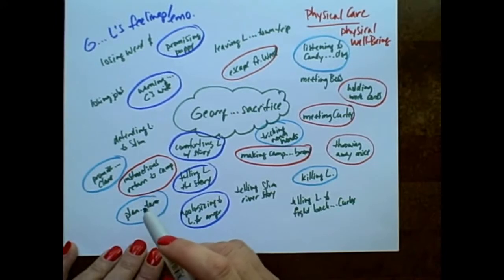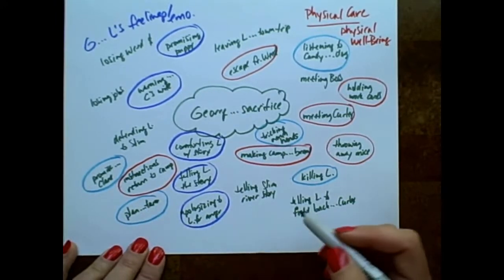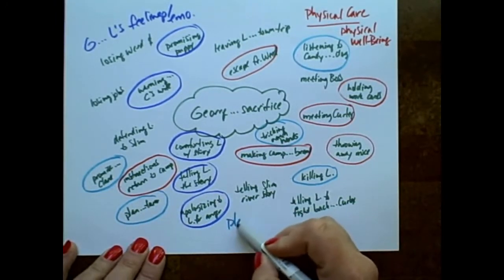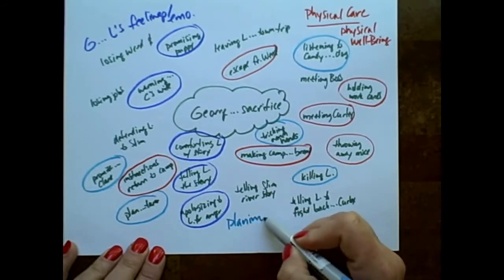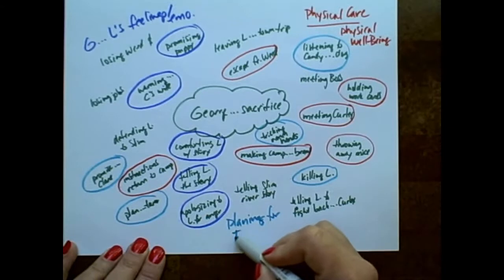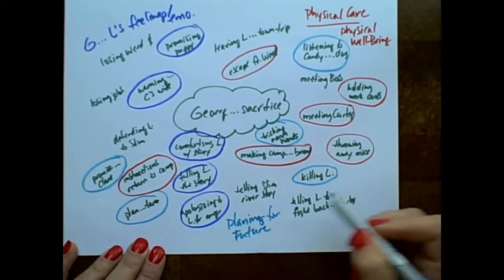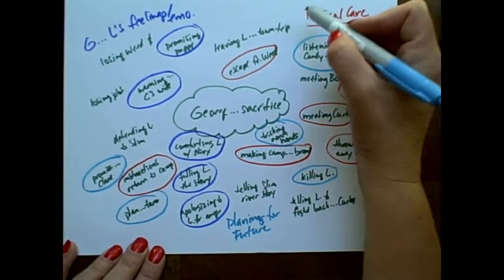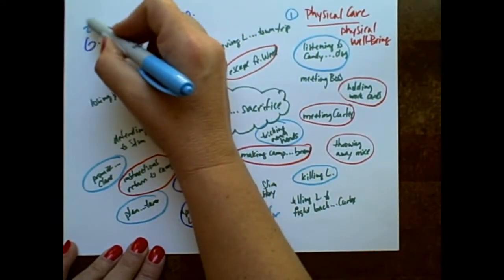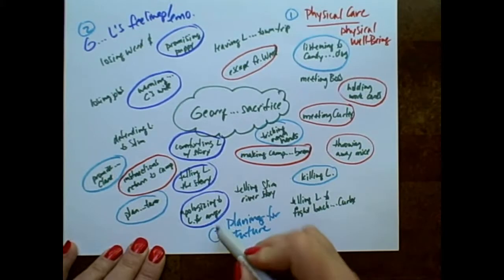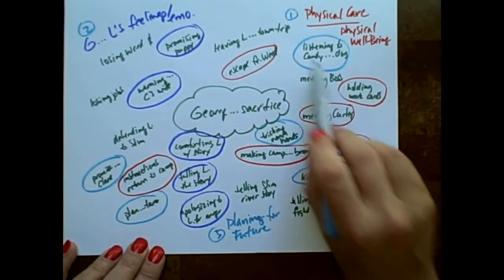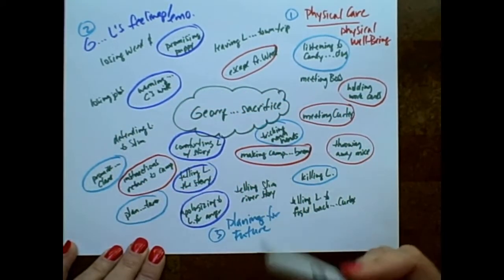Okay. These all have to do with planning for the future. And that could be made into my third body paragraph. So here I've got one body paragraph, here's a second, and here's a third. And you'll see that I have numerous examples to spare.